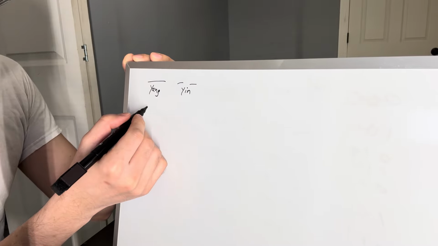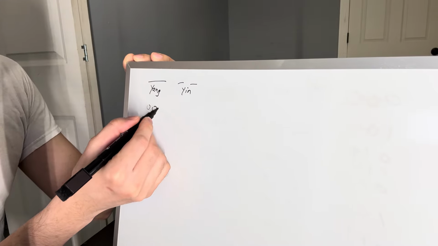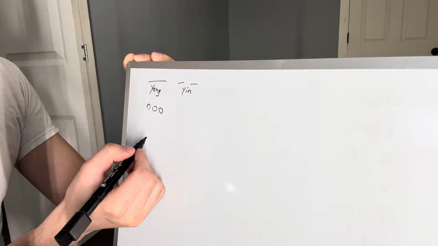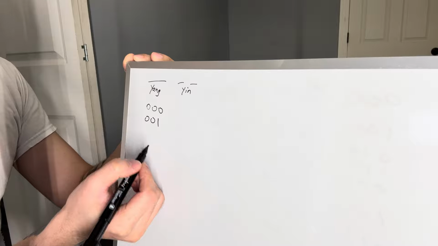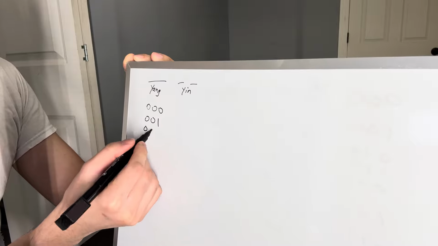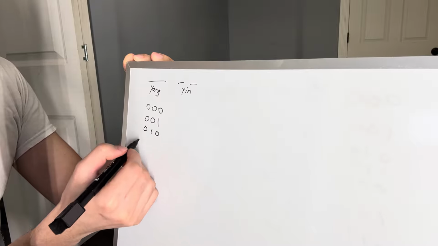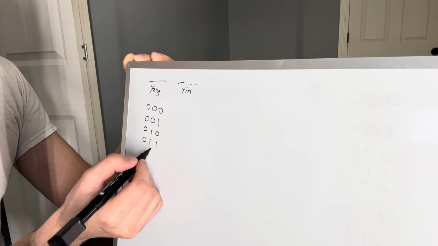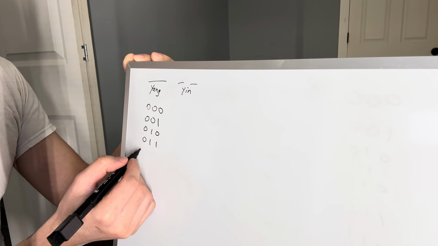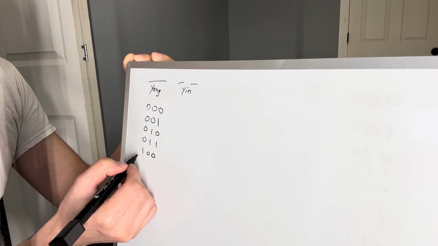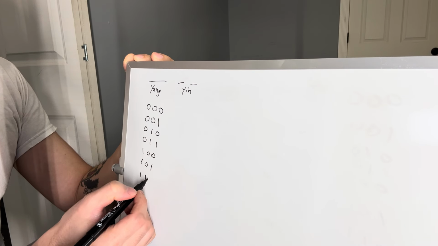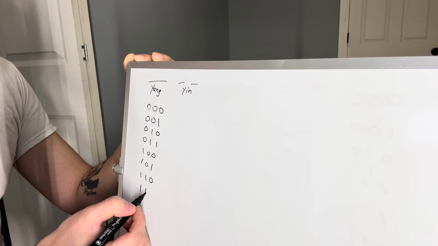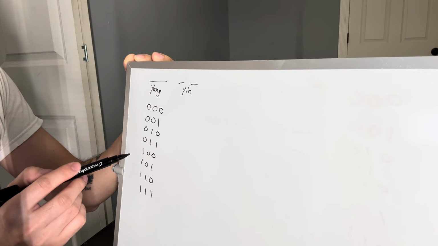So 000 equals 0, 001 equals 1, 010 is 2, 011 is 3, 100 is 4, 101 is 5, 110 is 6, 111 is 7, 8 in total.